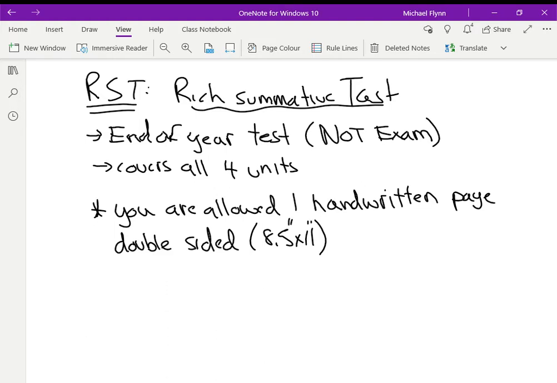It has to be handwritten. It can't be photocopied or done on the computer. You have to write it by hand, and you can write anything you want on it that you think would help you write an end-of-year test.